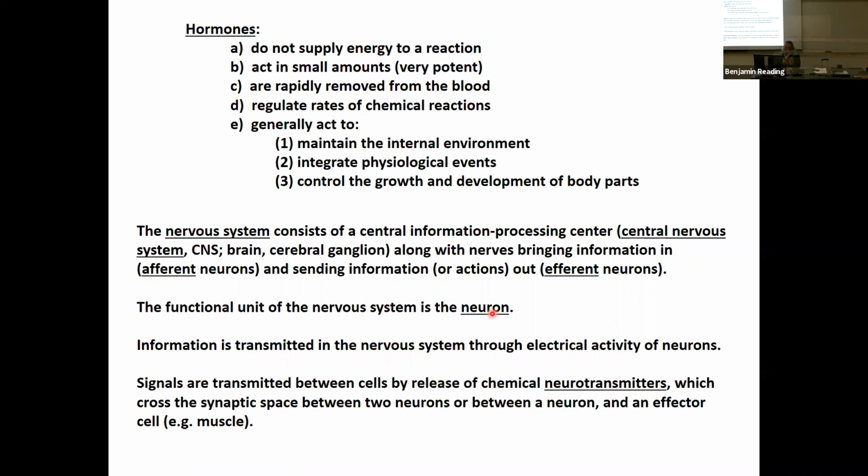When one neuron releases this chemical, it tells the neighboring neuron, hey, you should release that chemical and continue to do that downstream. This then enters the synaptic space between the two neurons or an effector cell, for instance, a muscle. When a neuron innervates a muscle, it releases a neurotransmitter that tells the muscle to contract, for instance.